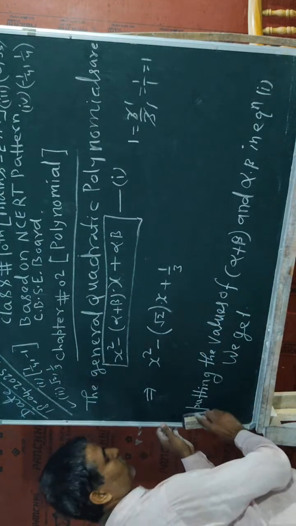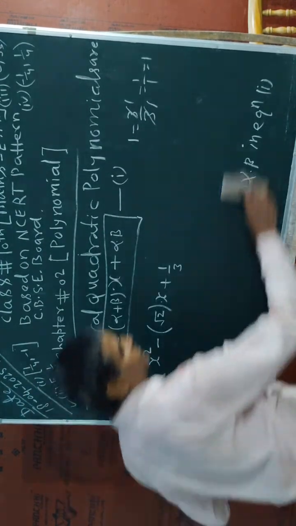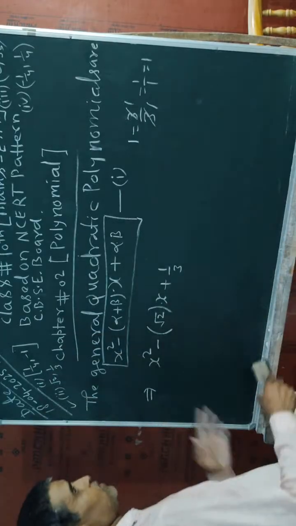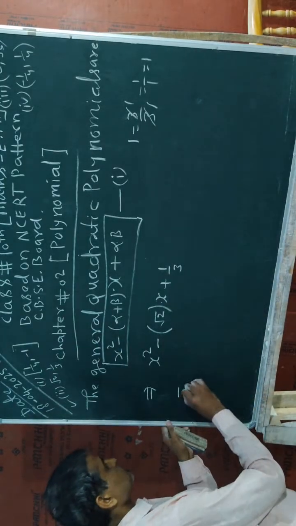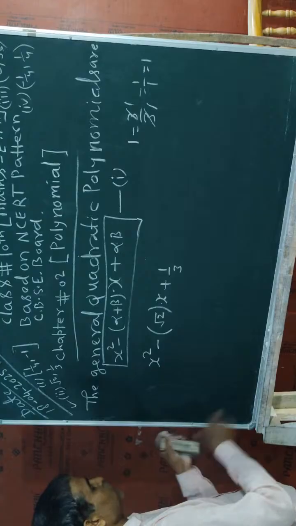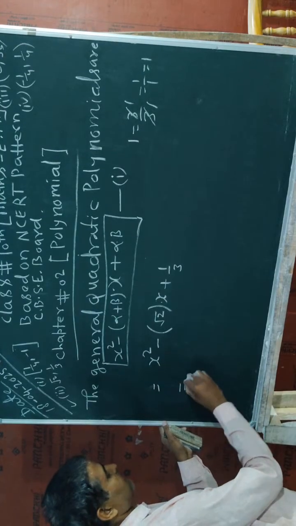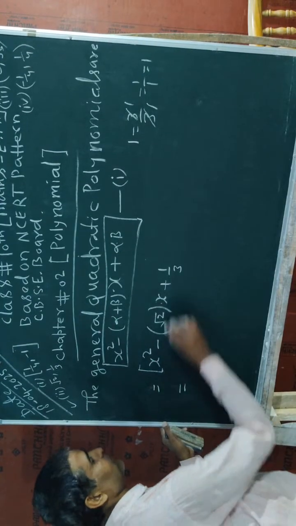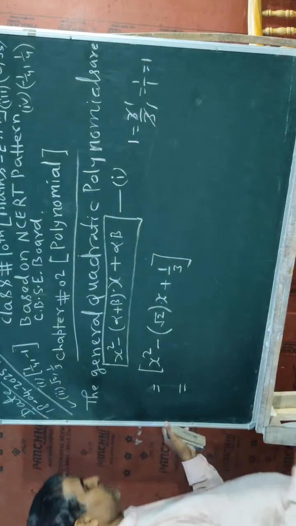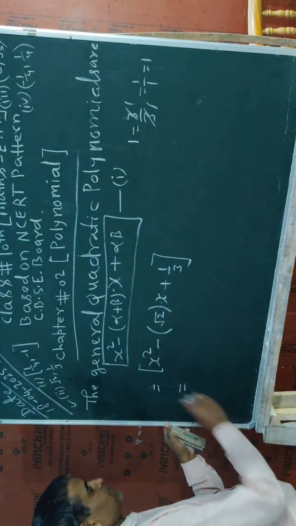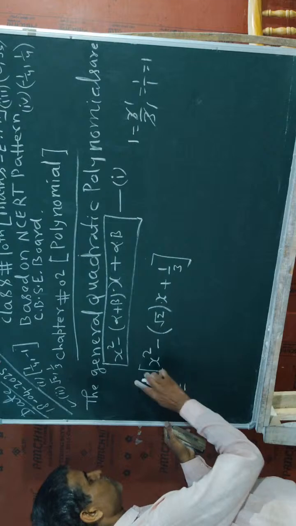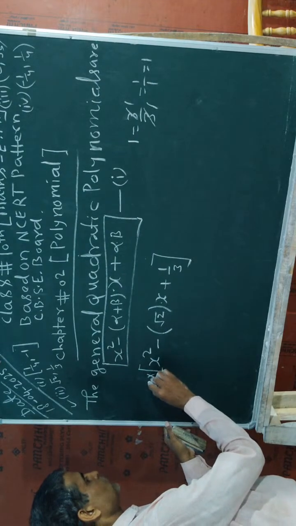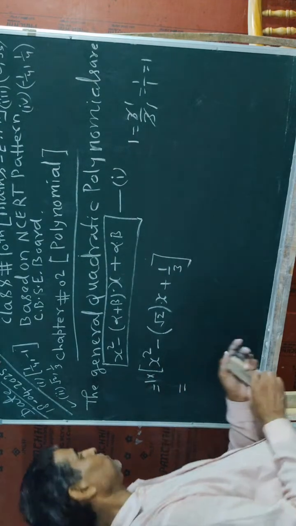So now I am going to erase this one, and after erasing this, I will solve. Here I am going to put an equal sign, and then I can write it in a bracket. So one step will reduce. Now here I am going to write 1 into this whole expression.